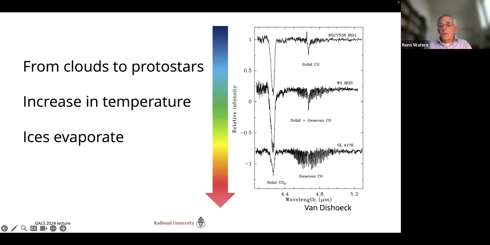And so if you heat up the source even more, then you basically have lost all your CO ice, and there still is some CO2 ice left. So this can be used also as a probe for to what extent the sightline is being heated up, and are you going back into the gas phase?